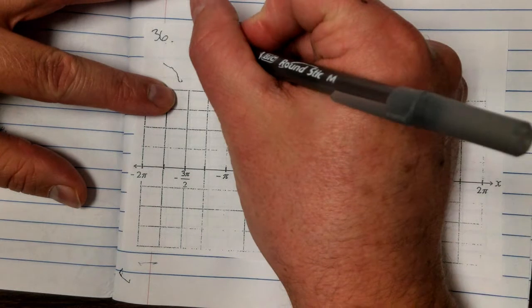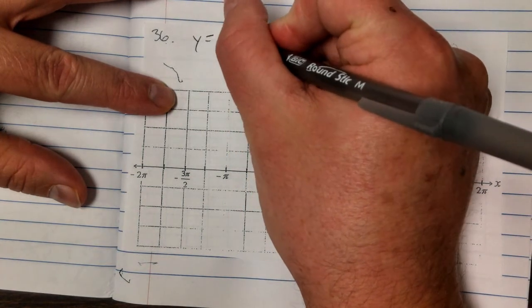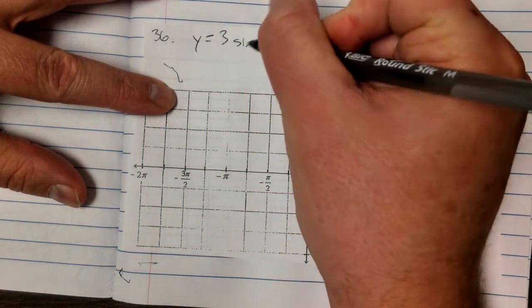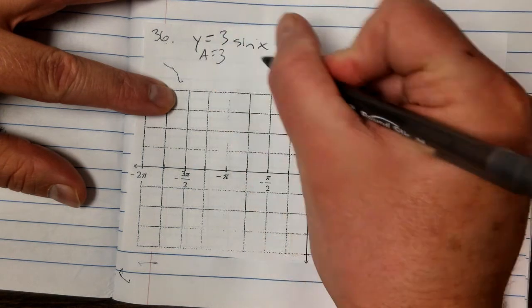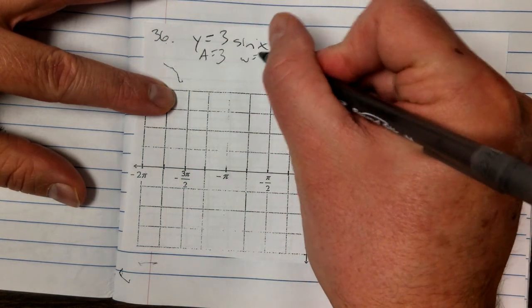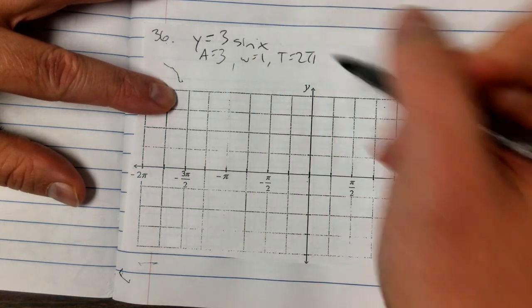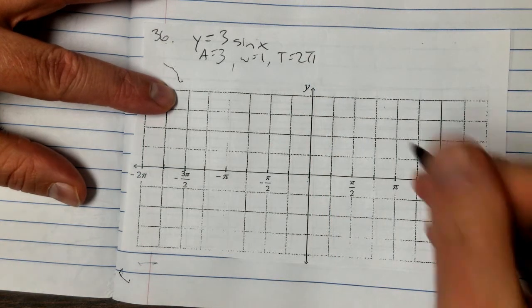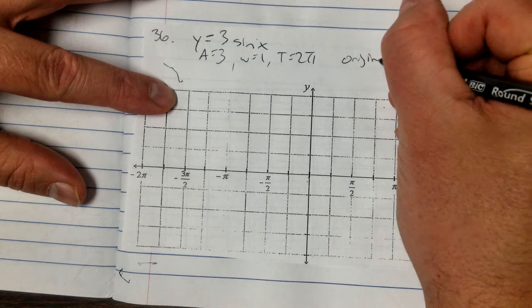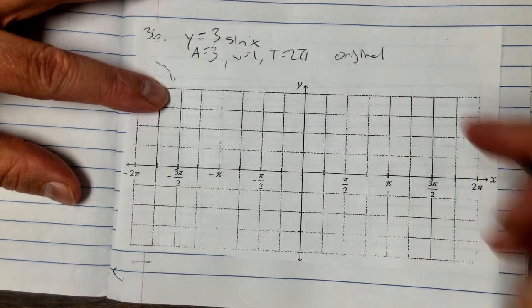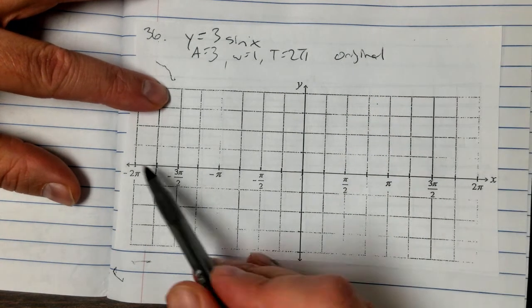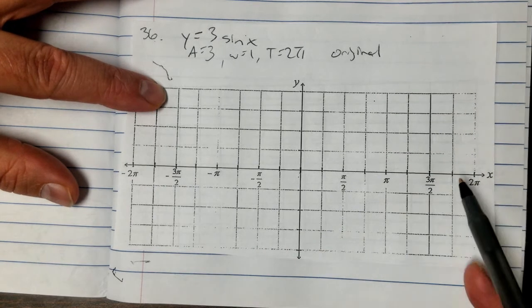This one is y equal 3 sine x. Our amplitude's 3, our w is 1, our period is 2 pi. So that's just the original. Now what you notice on your graph paper is it goes from negative 2 pi to 2 pi.